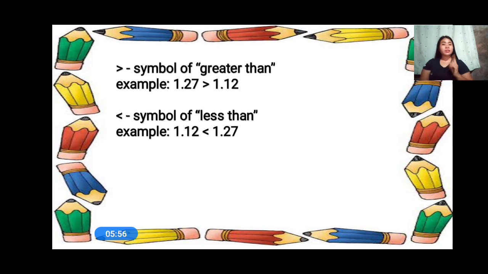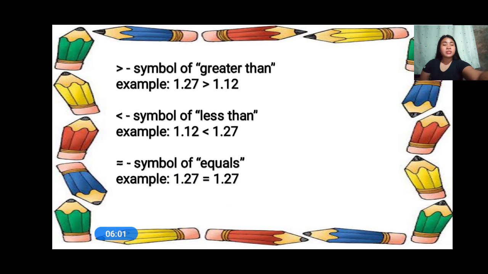Okay, so that is the symbol less than, and this is the equals. So the example of equals is 1.27 is equal to 1.27, meaning they are just the same. Do you understand me? If we are going to use the symbol equals, meaning the decimals have the same value.